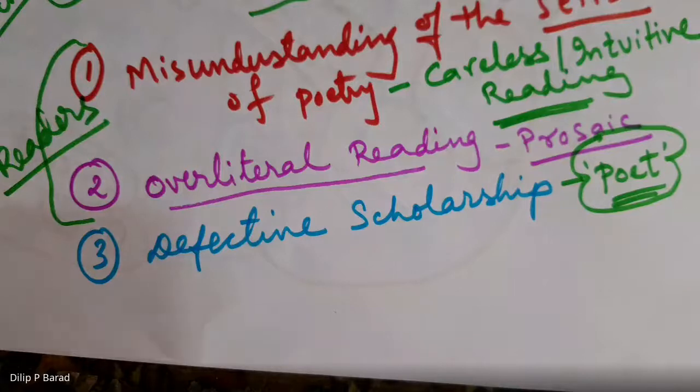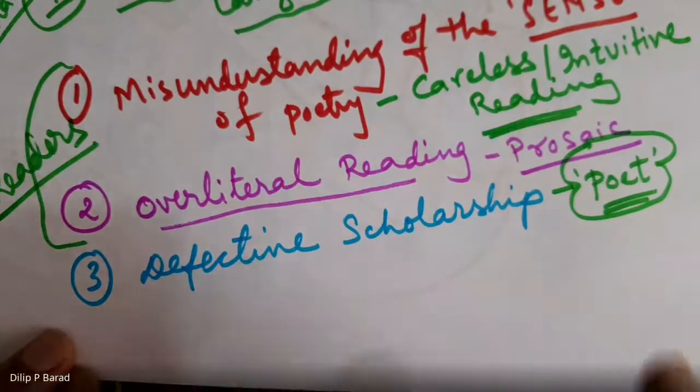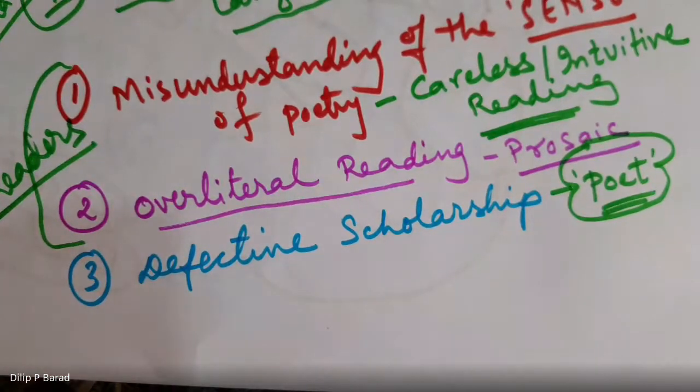So if the poet has a kind of defective scholarship, meaning he is not able to put the metaphors properly together, then this may happen. If he is not aware of the traditions of writing, then this may happen. Defective scholarship on the part of the poet. Now we can argue that this may happen to readers as well.